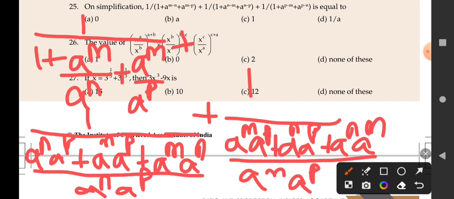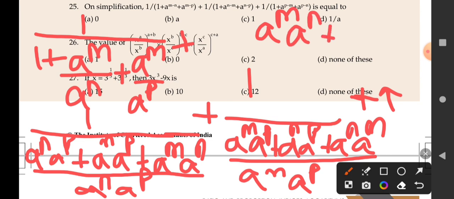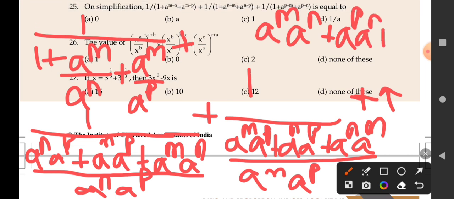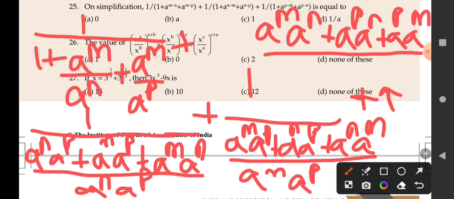And the third term will be, I'll just write it above. So the third term is a power m, a power n plus a power p, a power n plus a power p, a power m divided by a power m, a power n.